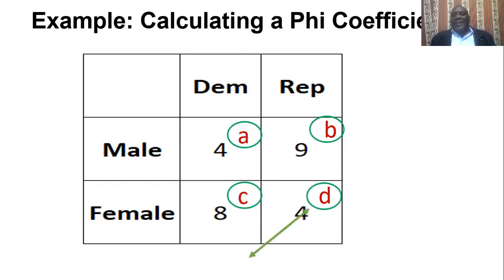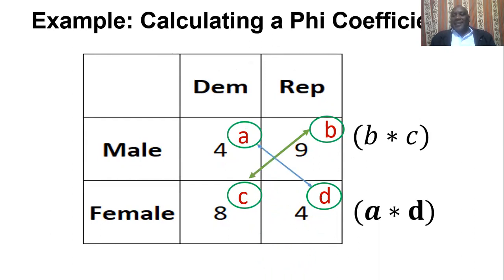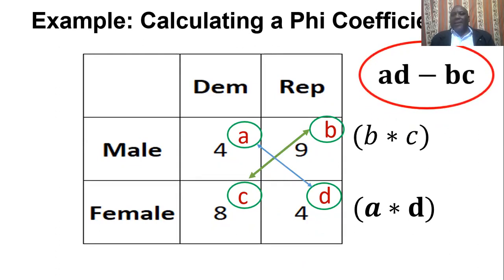We have the diagonal B and C, which we multiply, and also we multiply the diagonal of A and D. This is what goes to our numerator, AD minus BC.